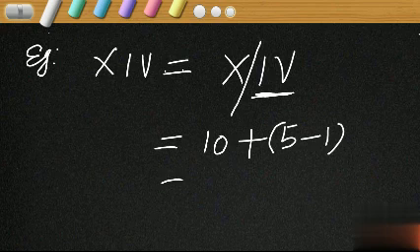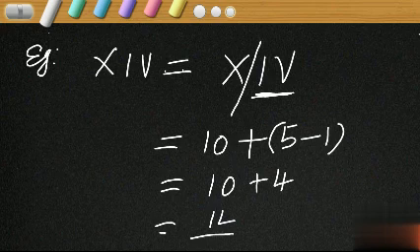That's equal to 10 plus 4 equals 14. Is it clear? So if a smaller one is written in the middle of two greater ones, the smaller one and the greater one on the right side have to be kept together, then do.